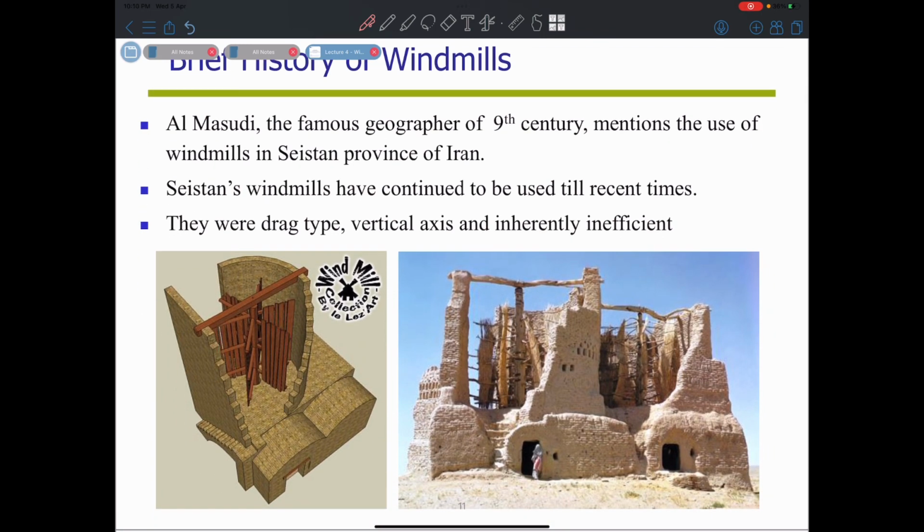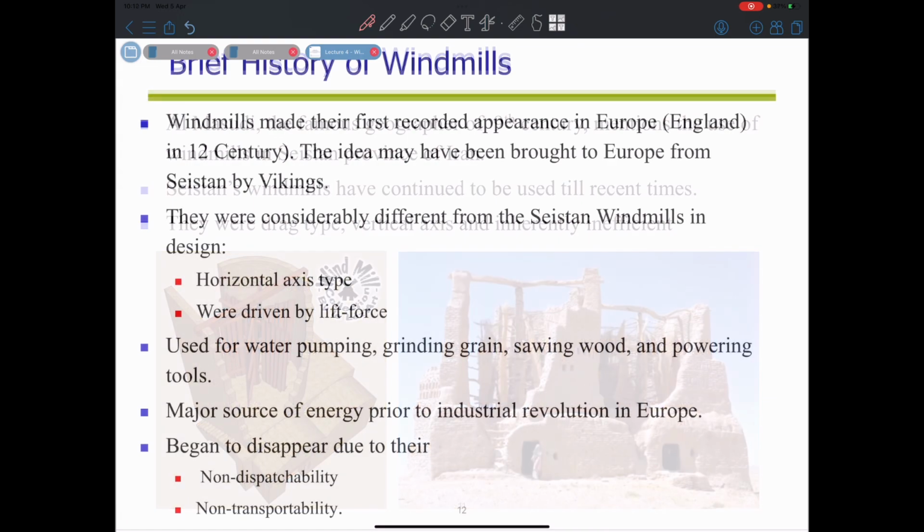Al-Mas'udi, the famous geographer of the 9th century, mentioned the use of windmills in Sistan, Iran. Sistan windmills continued to be used until recent times. They were drag-type vertical axis.